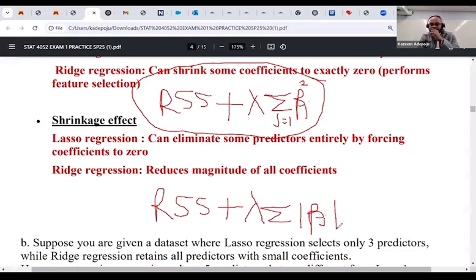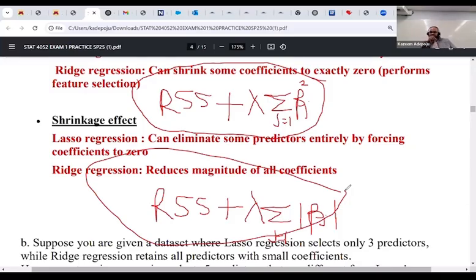Okay, it's going to be in the absolute term, as you can see. Okay, so when you take a look at the two loss functions, they are not the same. Okay, one for the ridge, one for the lasso. So you need to get yourself familiar with all of that.